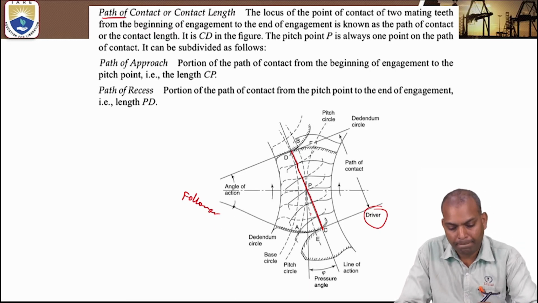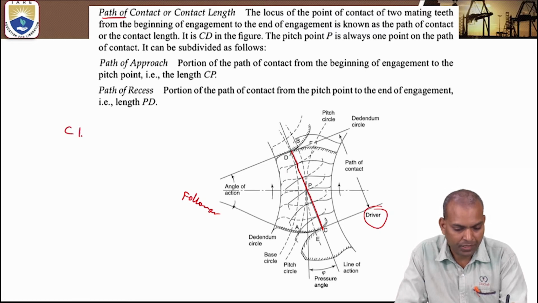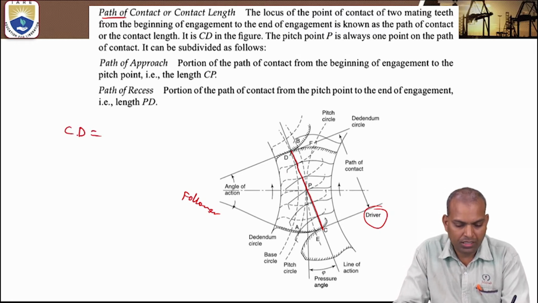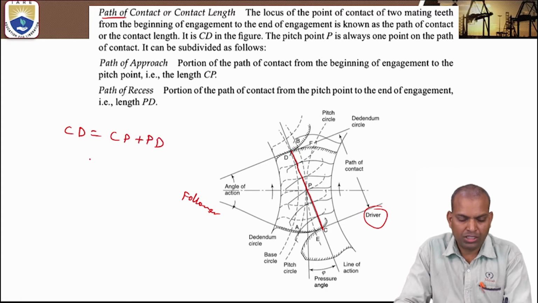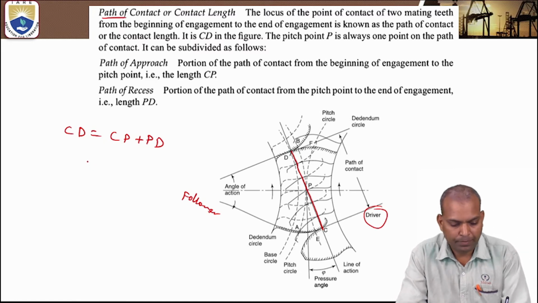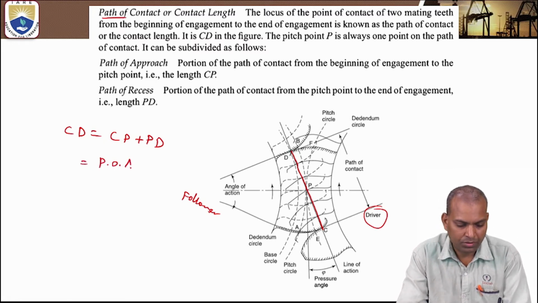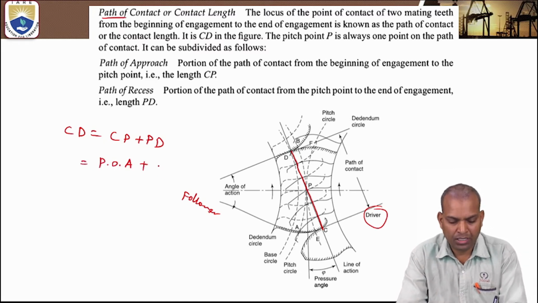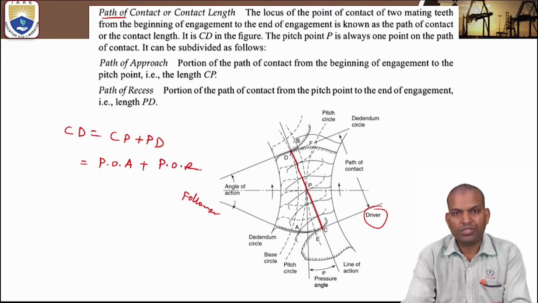Here the total contact length is CD. The CD is again divided into two parts, that is CP plus PD. The CP is known as path of approach, whereas PD is known as path of recess. Recess means disengagement.